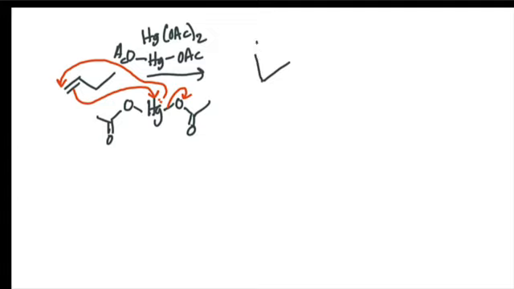So what just happened there was that we formed what's called a mercurinium intermediate. So Hg is bonded on both carbons of what was the alkene.